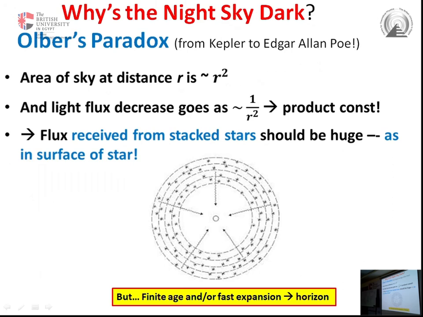And as we will see when we study distances tomorrow, the intensity of light goes down as 1 over r squared, but the area of the sky you are seeing goes as r squared. So why doesn't it converge? Everything would burn. We would see everything like the sun.